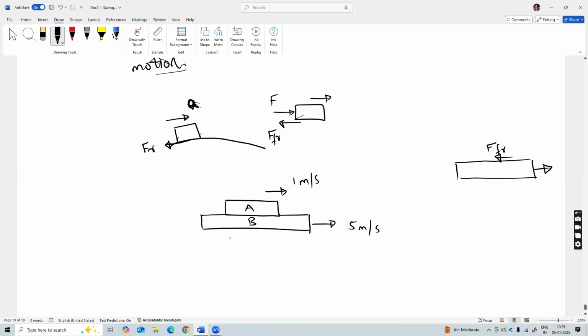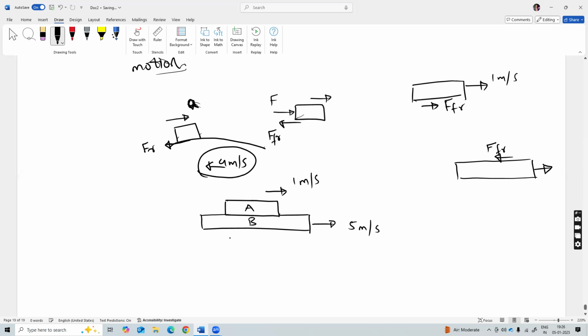Whereas on body A, even though it is moving at 1 meter per second, both are moving in the right direction, the friction will act in this direction, because the relative velocity of body A with respect to body B is 4 meter per second in the backward direction. Therefore on body A, the frictional force will act in the direction of motion.